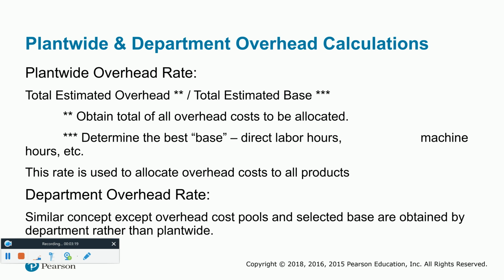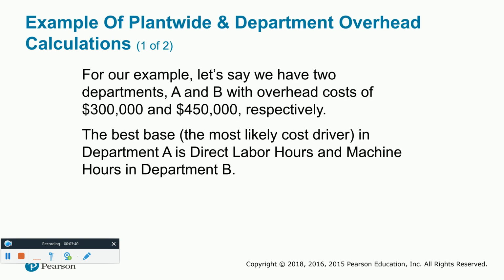It's basically the total estimated overhead for the period divided by the total estimated base. We would use this one rate to allocate all overhead costs. This was a very simple concept that we learned earlier in the semester. It basically applies the cost evenly throughout the plant.